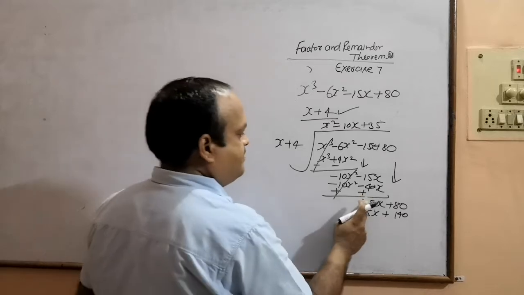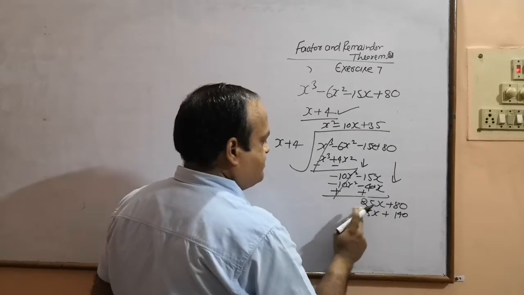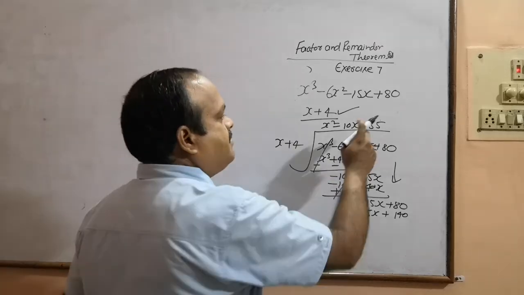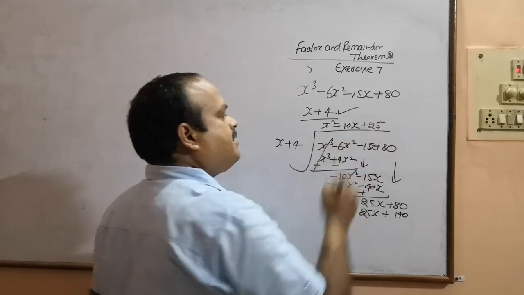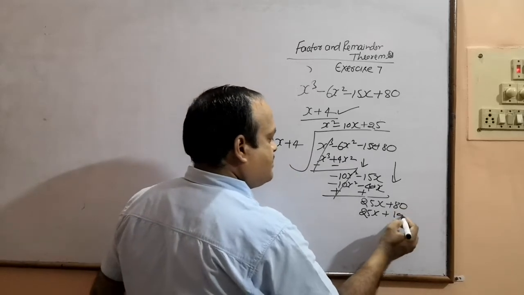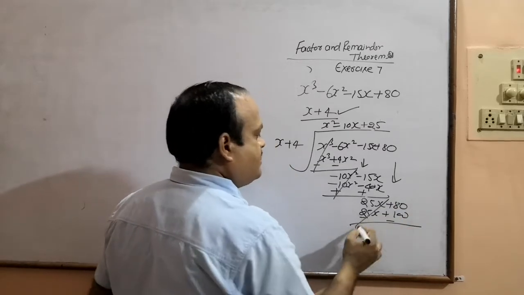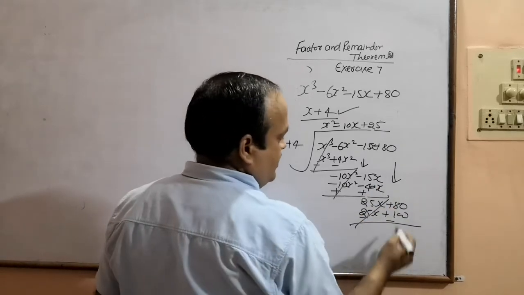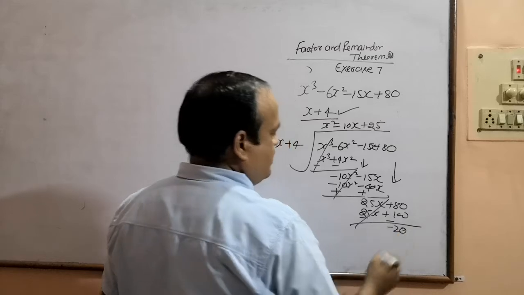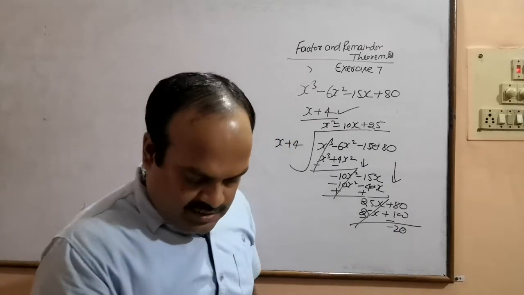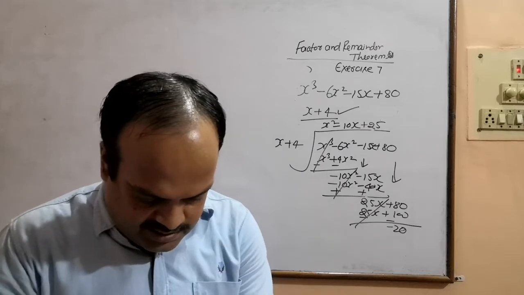Sorry, 25. So 25x plus 100. Do the subtraction. 80 minus 100, minus 20. Wait.